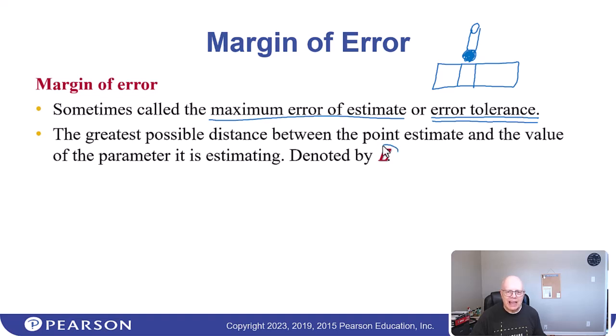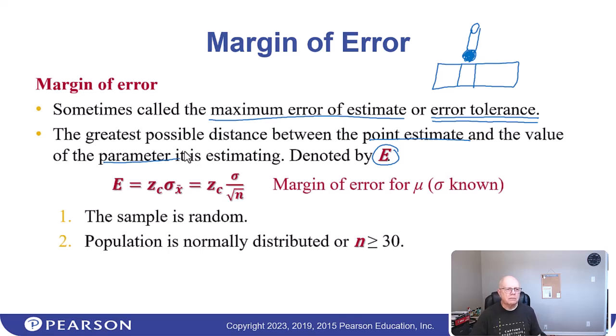We call that E. It's the difference between the point estimate and the actual value of the parameter it's estimating. And here is how you get that margin of error. The margin of error is that critical value you found times the standard deviation of the means. Well, that's a little bit strange.